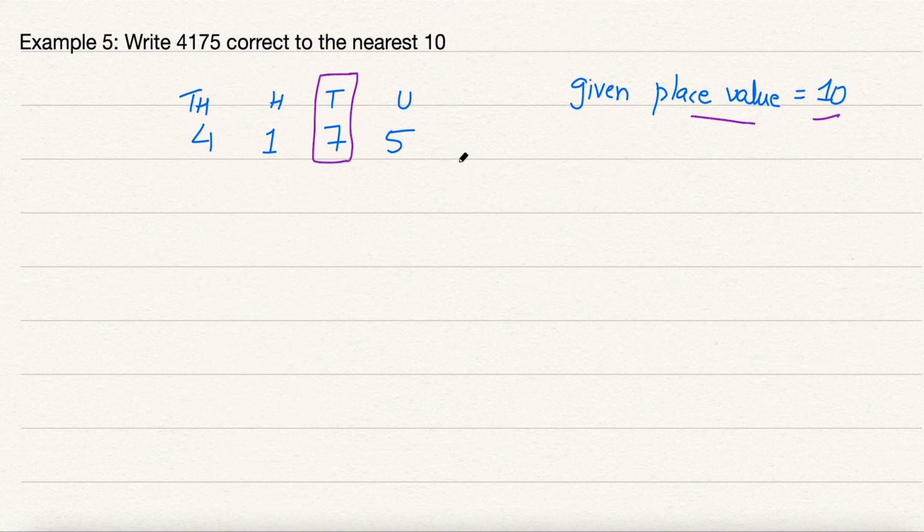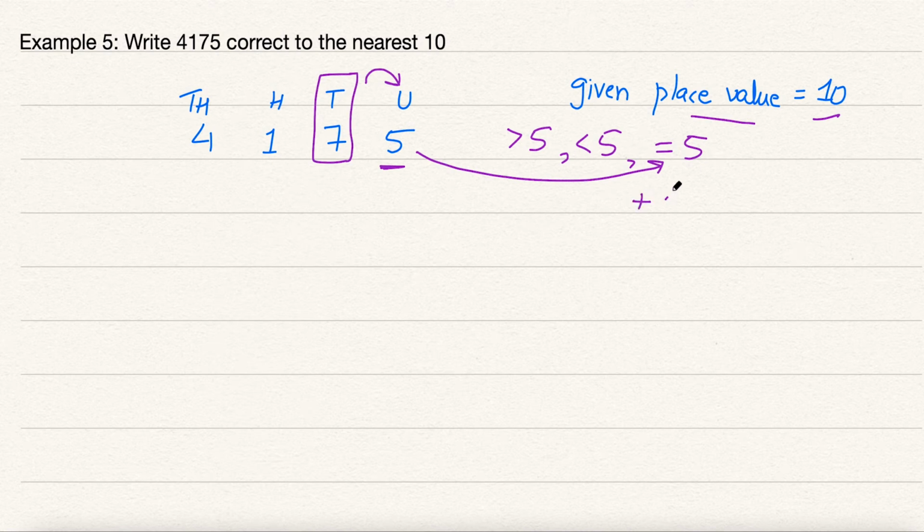Now you need to check if the digit to the right of the given place value is greater than 5, less than 5, or equal to 5. This is the number 5. So this is equal to 5. When the digit to the right is equal to 5, then you add 1 to the given place value.